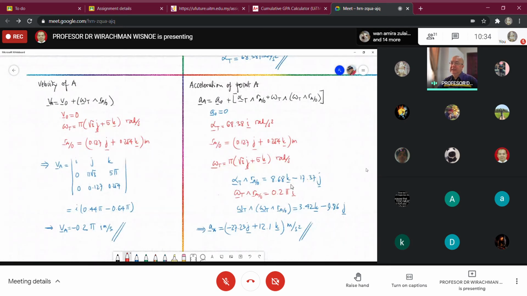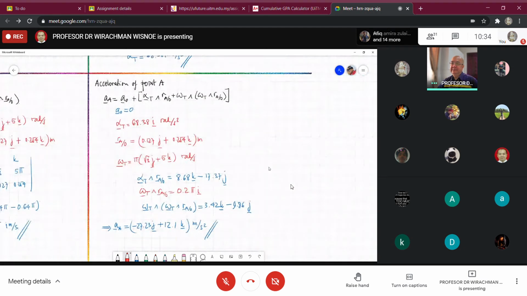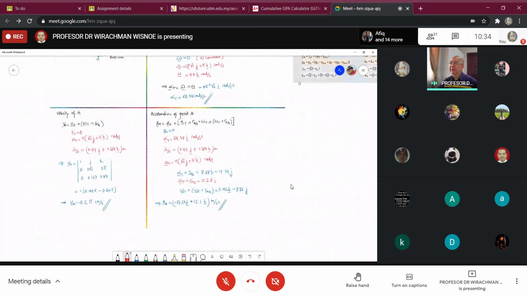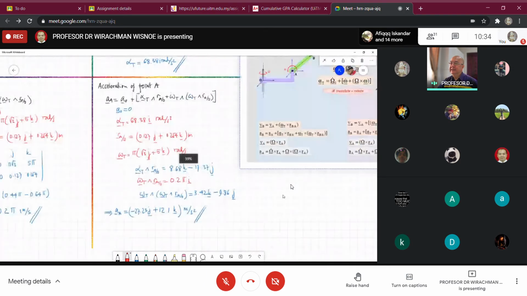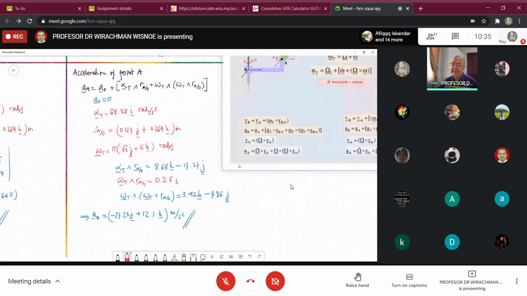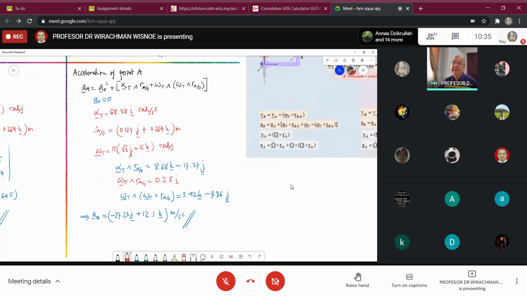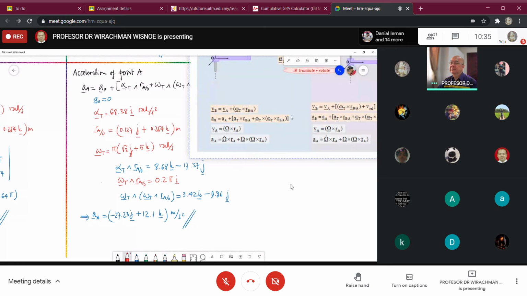For acceleration, again, we use the formula in these slides. This A and this A. If you want to calculate point A, this is the formula.